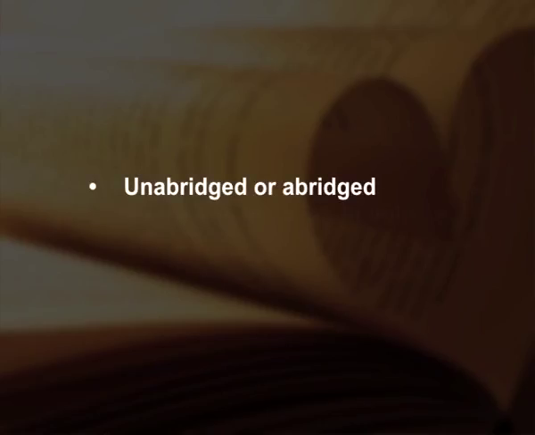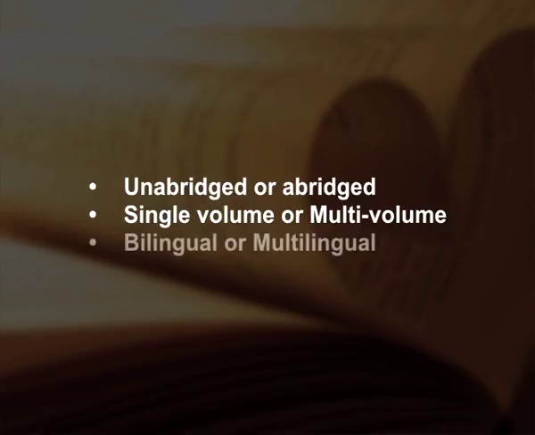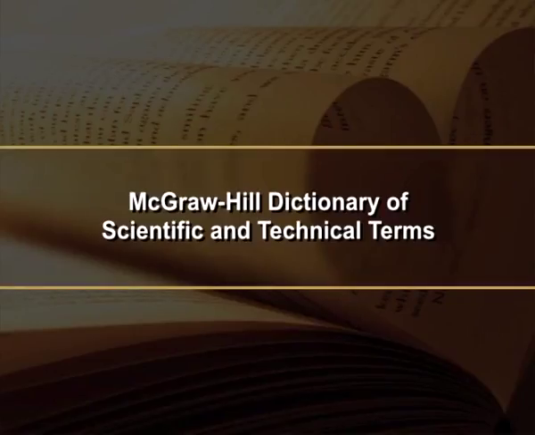On the basis of number of languages covered, subject dictionaries can be categorized as unabridged or abridged, single volume or multi-volume, bilingual or multilingual. Some subject dictionaries are as follows: McGraw-Hill Dictionary of Scientific and Technical Terms.